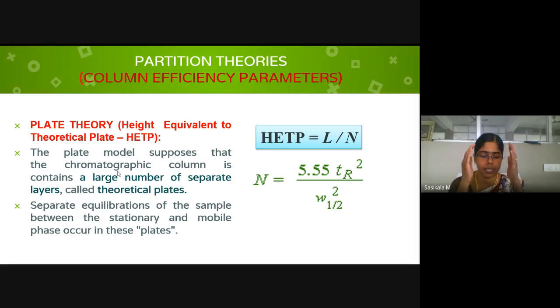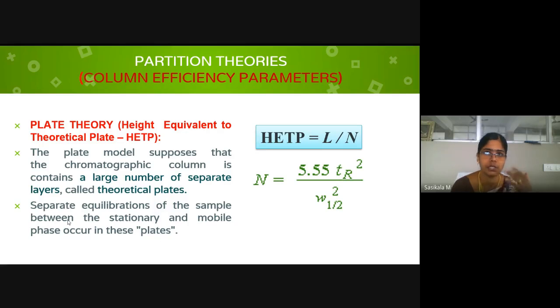You can imagine a column with several layers, and each layer is produced by your column material, that is adsorbent, and each layer is considered a theoretical plate. Separate equilibrations of the sample between stationary and mobile phase occur in these plates.